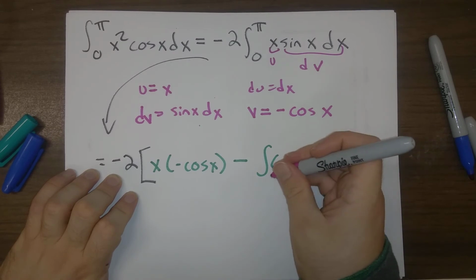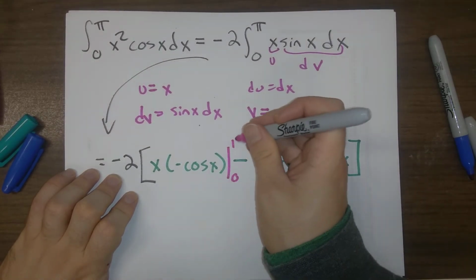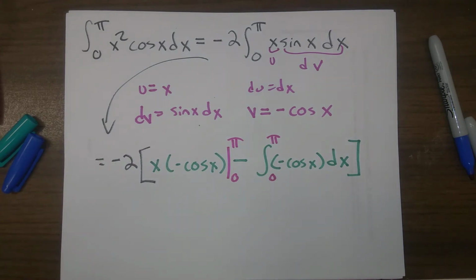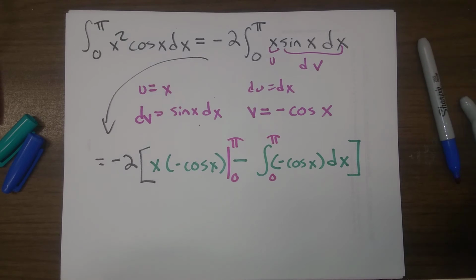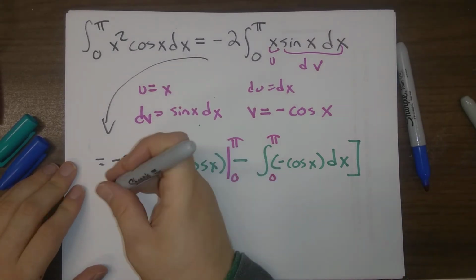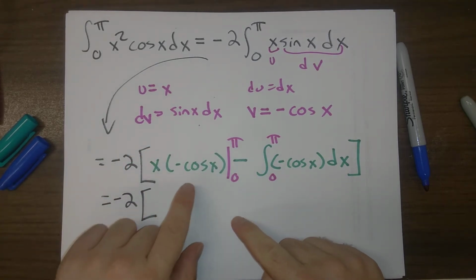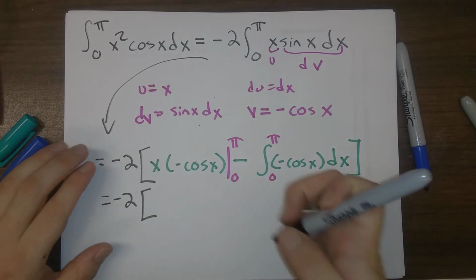Once again, I haven't yet put on those bounds. So there's all the bounds that we need. And so I think at this point, things here are pretty easy for us to evaluate. Okay, so first we plug in pi here.